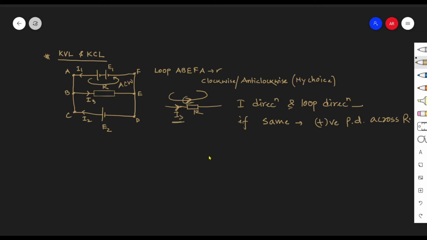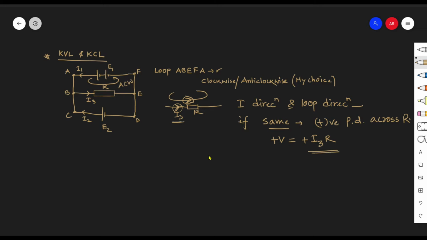If the loop direction and current direction are the same, then there would be a positive potential difference across the resistor R. So we wrote that positive PD across R, and the PD across R is the current flowing through it times the resistance. Since the loop direction and the current direction are the same, current I3 times the resistance R is the positive PD that we got.